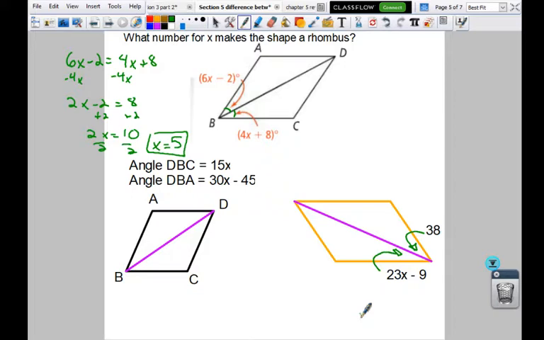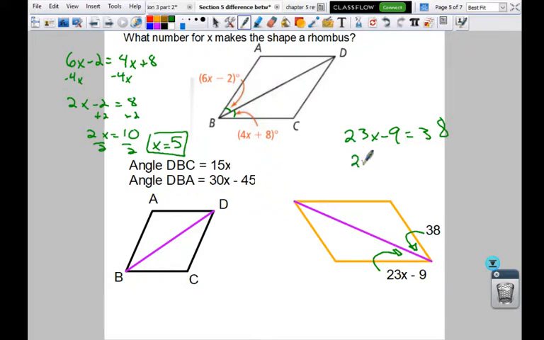Alright, Ryan, start us off. How are we gonna solve this one? 23x minus 9 equals 38. Trista, what's the first thing we're gonna do? Plus 9.